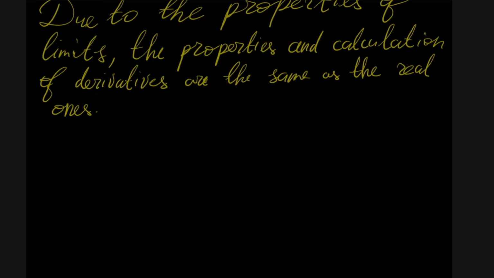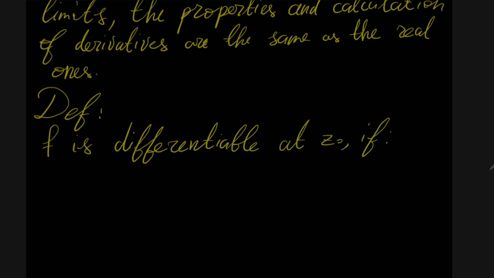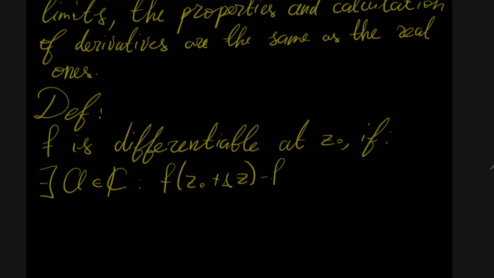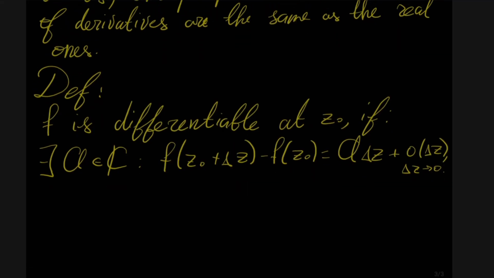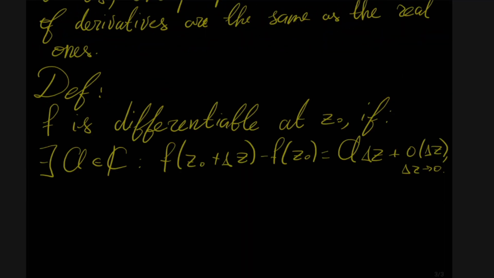Okay, and now we define differentiable functions. We say that f is differentiable at a point if its behavior near that point, in the neighborhood of that point, is roughly linear.